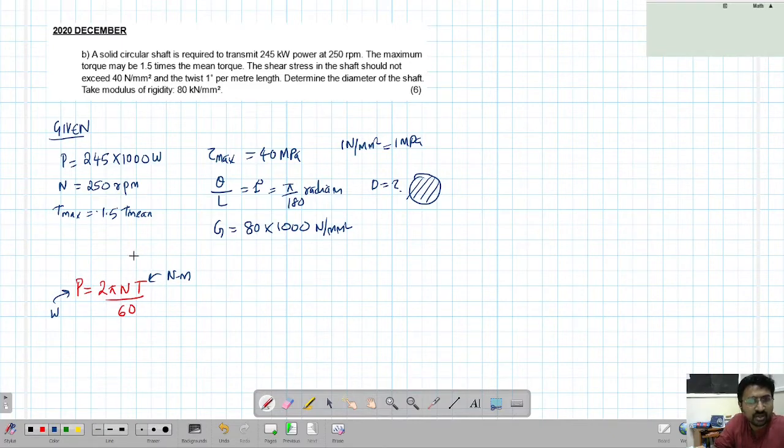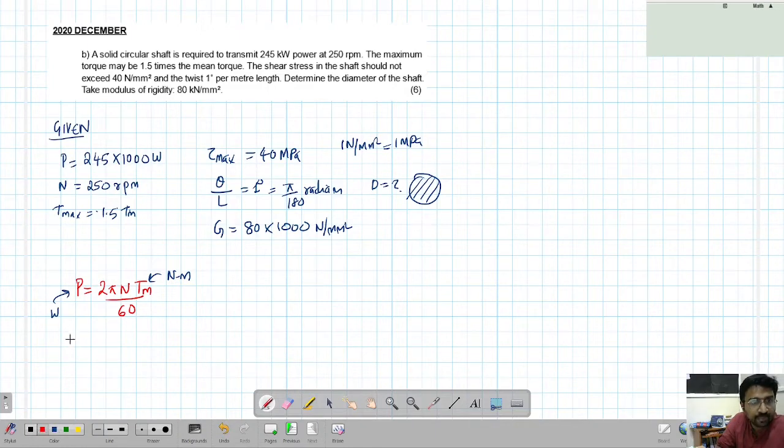So we have power. We can find the T. In this equation, this T is nothing but mean torque, Tm. I will write Tm. Right, so let's substitute the values.